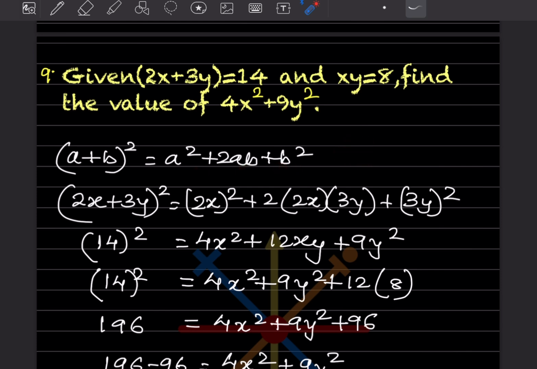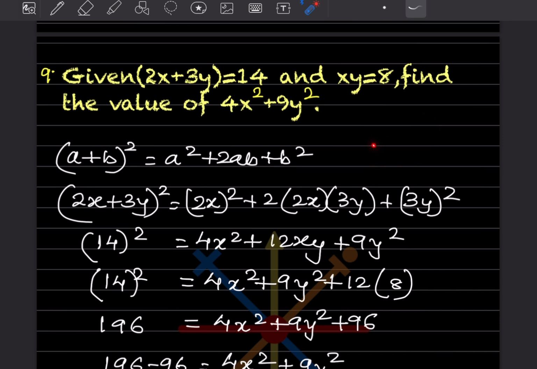Now here a is 2x and b is 3y. So in place of a you will write 2x, and this will be 3y, and the square of it. You will write (2x) and you have to put a bracket and then square, because if you just write 2x square, that means the square is for just x and not 2.